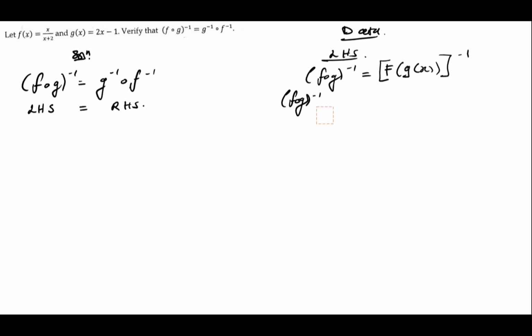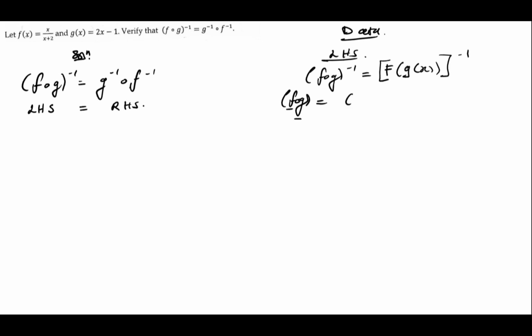So let us first determine what f of g is. In the f function, wherever there's x, I plug in the g function. The f function is given as that. So wherever there's x, I'm plugging in the g function, which is this.